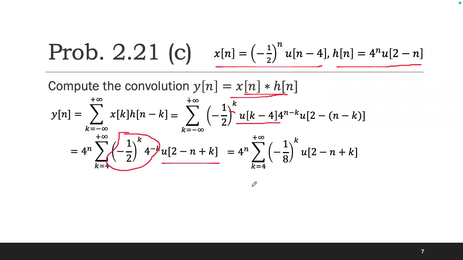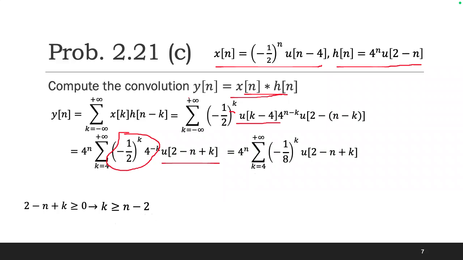Those two can be combined together. From here we have k greater or equal than n minus 2, and this is the lower boundary.